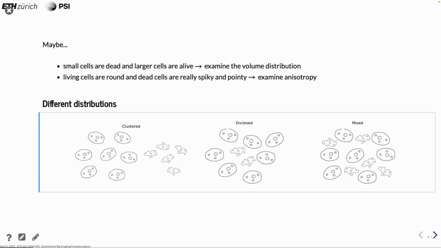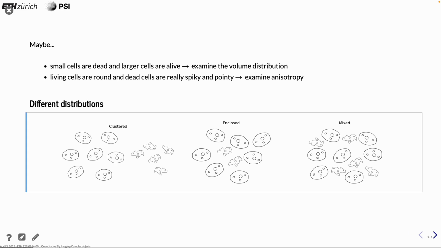What we could maybe do is to look at, for example, the volume or the size, because living cells are most likely larger, swelling, compared to the dead ones. Also, you could expect the living ones to be more round, and the dead cells can be a little bit shrunk, and again not so round. And then we could look also, for example, at the anisotropy of the cells.